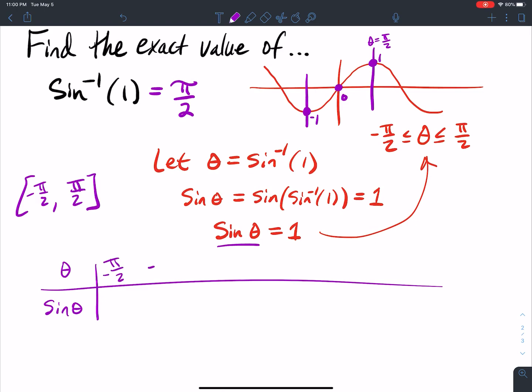And then we're going to do negative pi over 3, then negative pi over 4, negative pi over 6, 0, pi over 6, pi over 4, pi over 3, and then pi over 2.